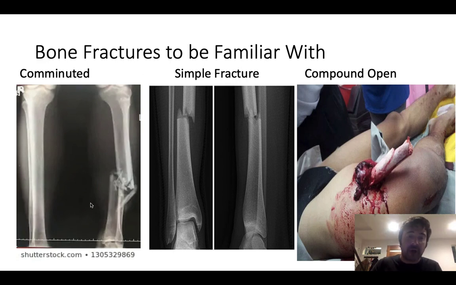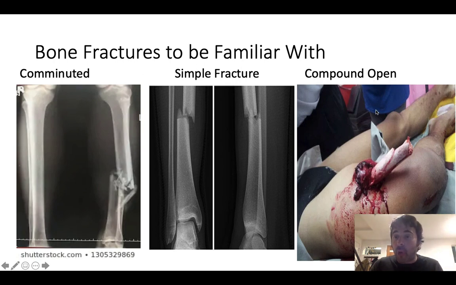So a comminuted fracture is just a fracture in which the skin doesn't break, and what you have is the bone broken into a series of fragments. Simple fractures, right? This is a simple fracture. A simple fracture is when the bone breaks completely but doesn't pierce or project out of the skin.